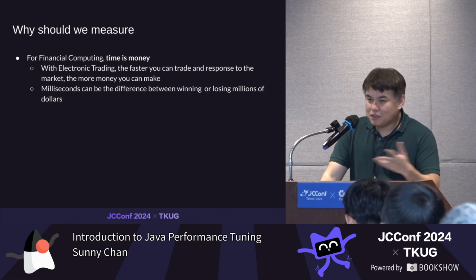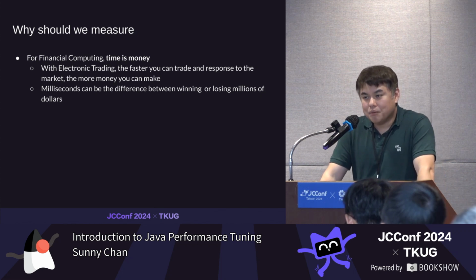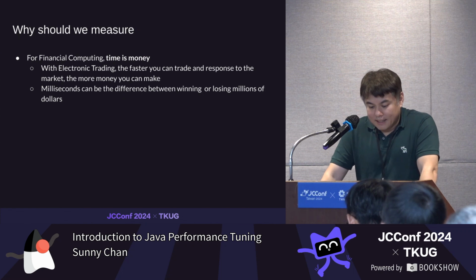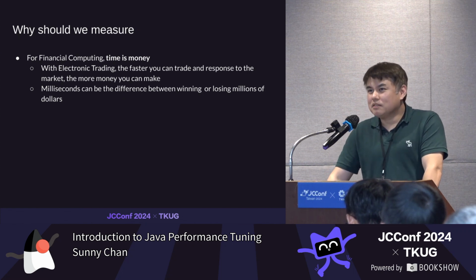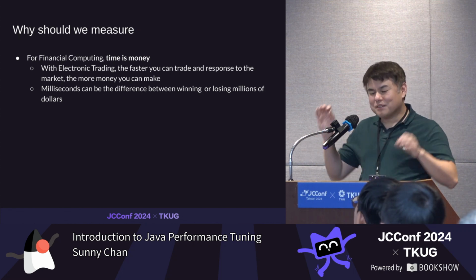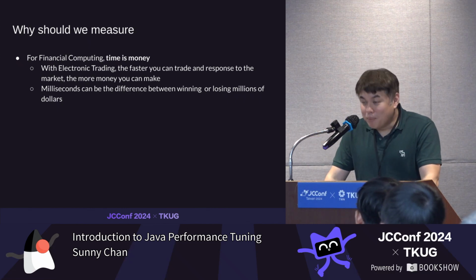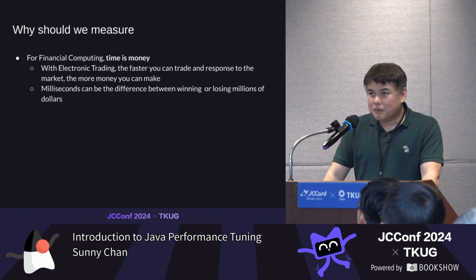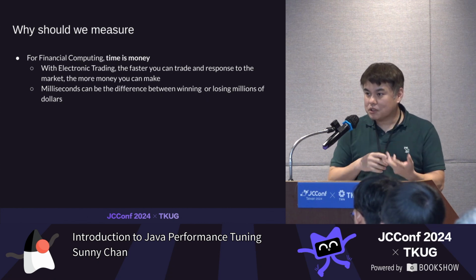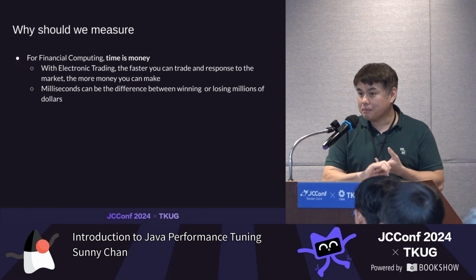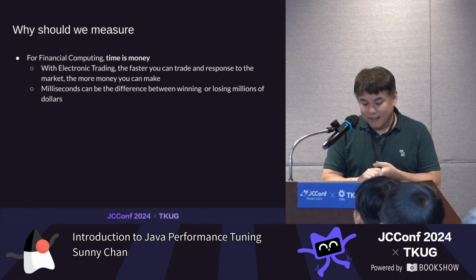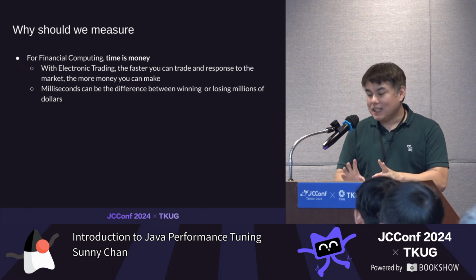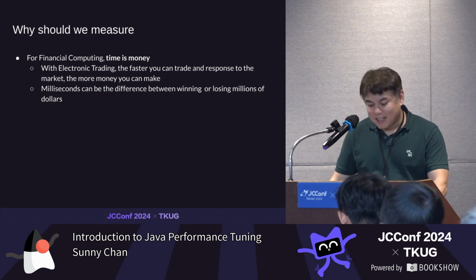Especially in my field, where I work in financial computing, time is money. Let me give you a few more examples of how that works. When we're talking about electronic trading, whether it's stock or currency or even cryptocurrency, time is money, or speed is money.